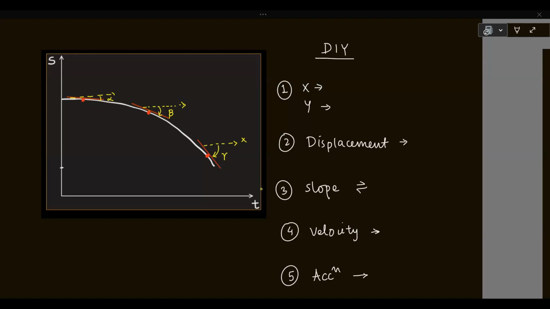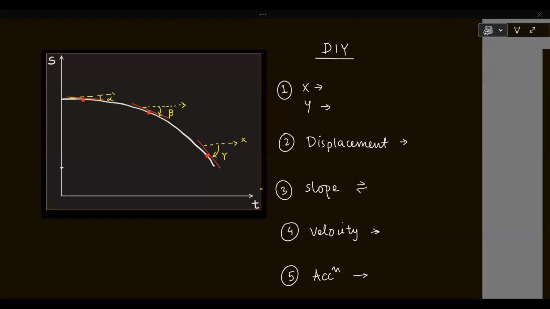And guys, you have to be very careful what you are writing. Science subject is very objective, very technical. You have to be very specific and very careful of what you write. Displacement slope is decreasing negative.